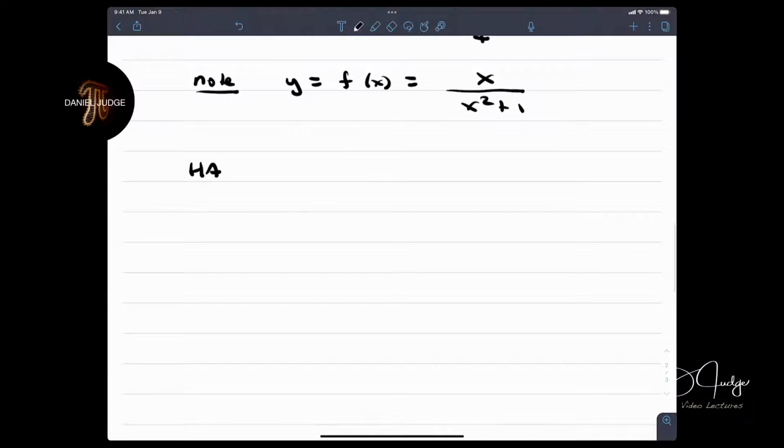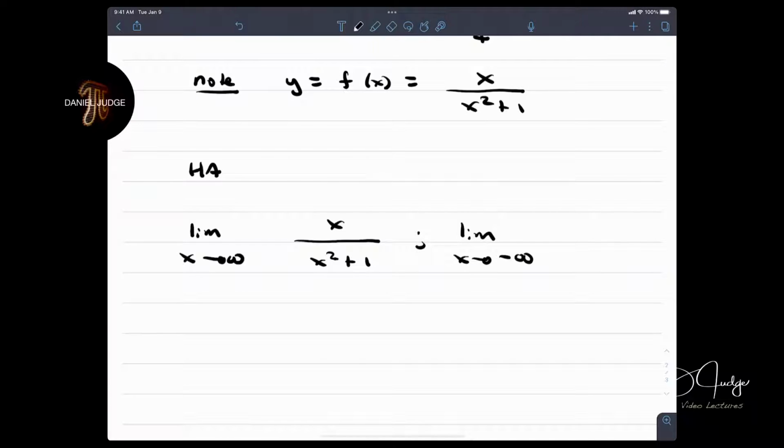We need to look at the limit as x goes to positive infinity of x over x squared plus 1, and the limit as x goes to negative infinity. Two limits, checking for horizontal asymptotes.